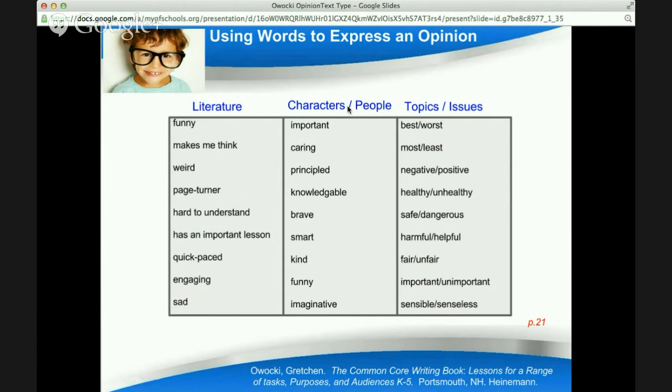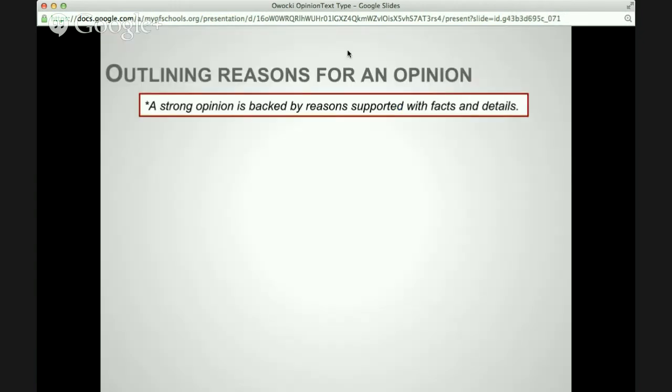It could be from social studies, it could be characters in a book, or topics or issues, could be from science, social studies. It could be, today, you know, looking in the newspaper at topics in our neighborhood. But she calls it a chart of words to express an opinion.